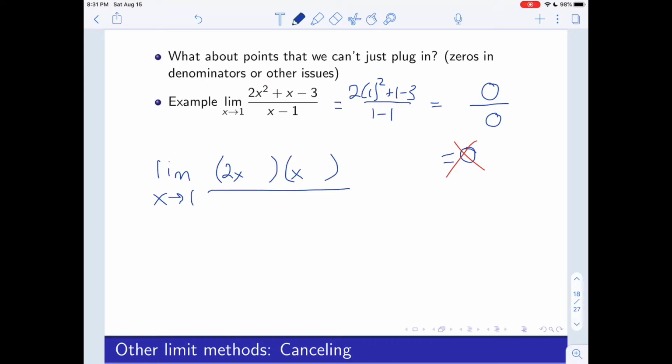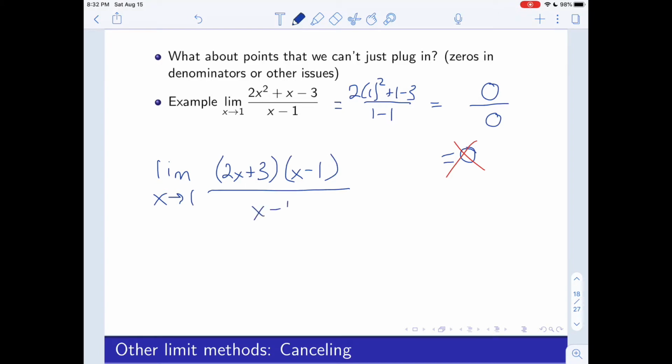And I'm going to have either a positive 3, negative 1, or negative 3, positive 1 in order to make this work out. Turns out that what I need is a positive 3 here and a negative 1 here, and if you check that by multiplying, 3x minus 2x gets me that 1x in the middle.